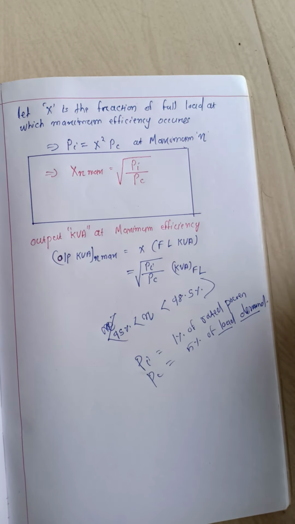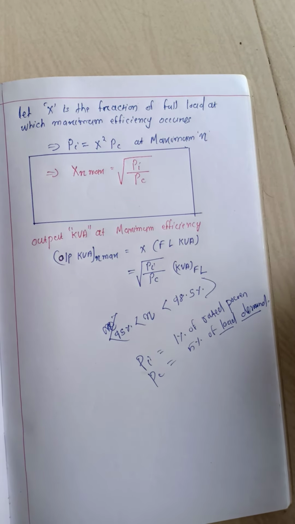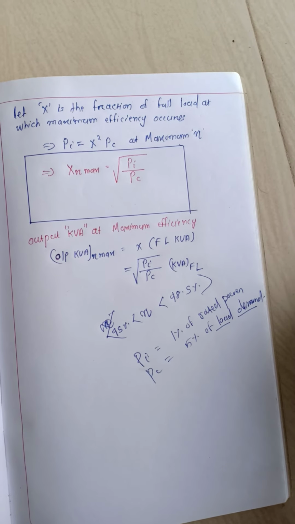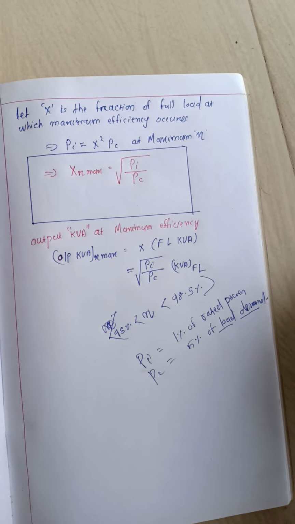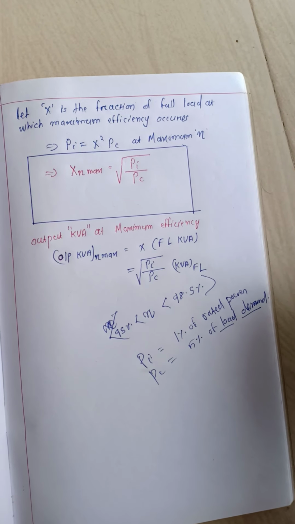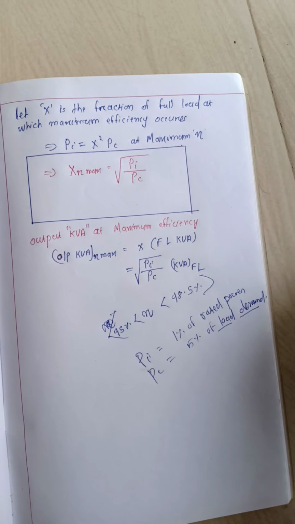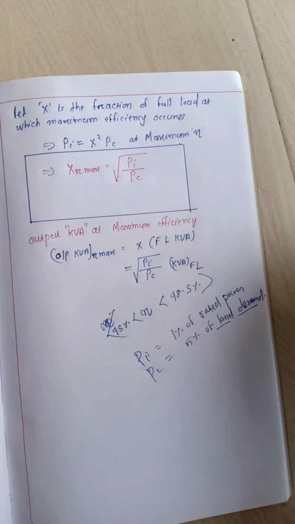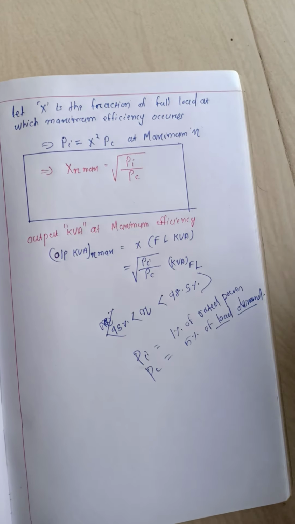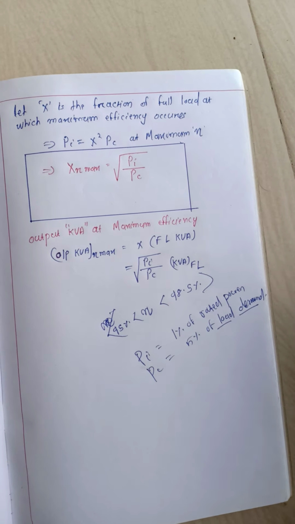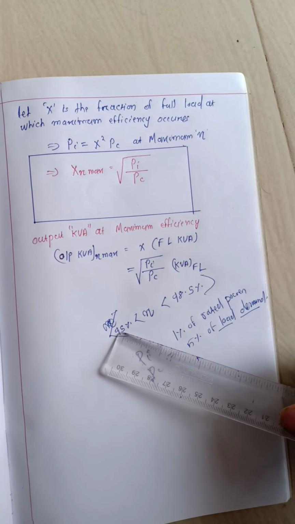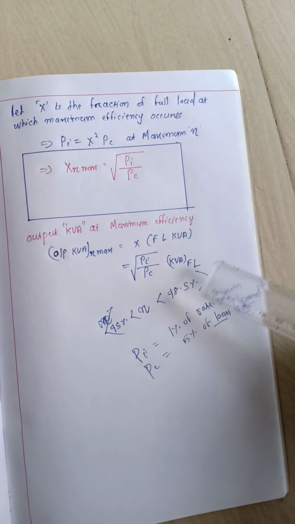So we have no mechanical losses in the case of a transformer, unlike other electrical machines, that is alternators and generators. So the mechanical losses, that is windage and friction losses, are absent. Hence the transformer has a very high efficiency and it ranges from 95% to 98.5%.